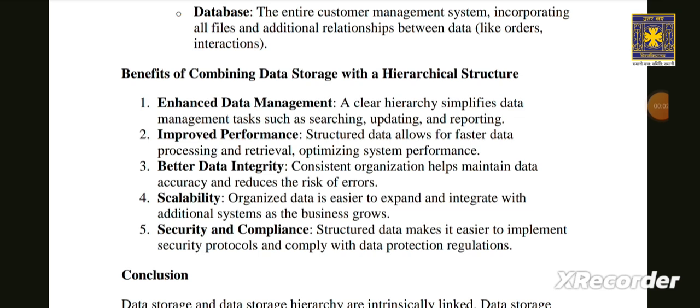Now we are going to discuss the benefits of combining data storage with hierarchical structures, and explore them in simple terms. Imagine you are managing data for a growing business. By organizing data in a hierarchical structure, you are setting up a clear framework.